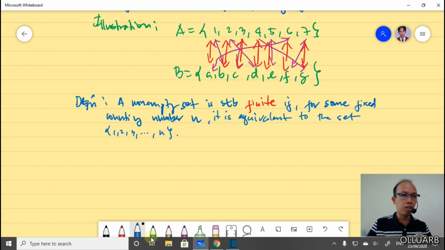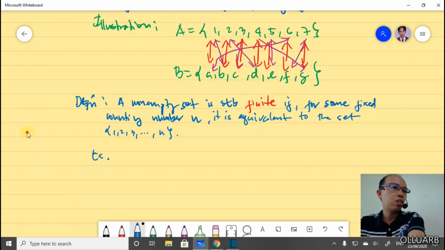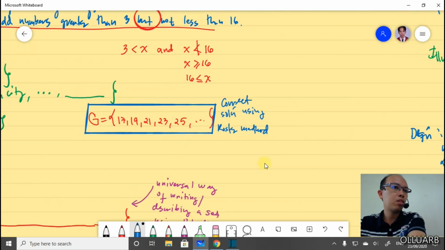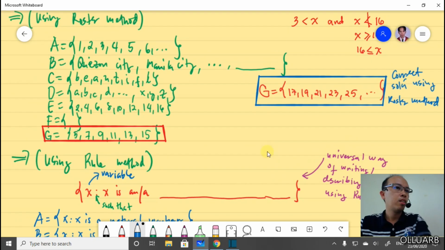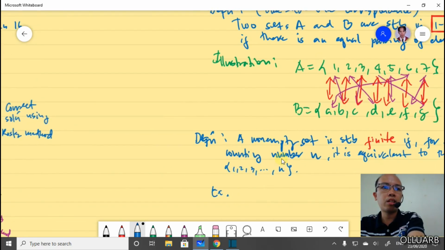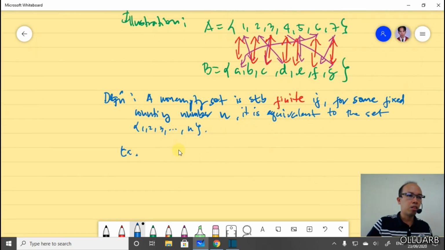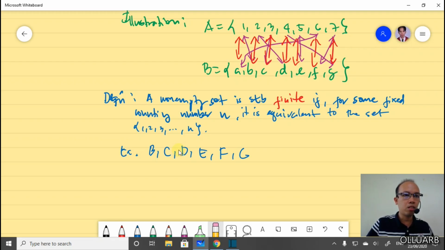Okay, so for example, if you look at your previous discussion, the sets B, C, D, E, and F are finite sets. They are finite. G is not finite, as you can see.